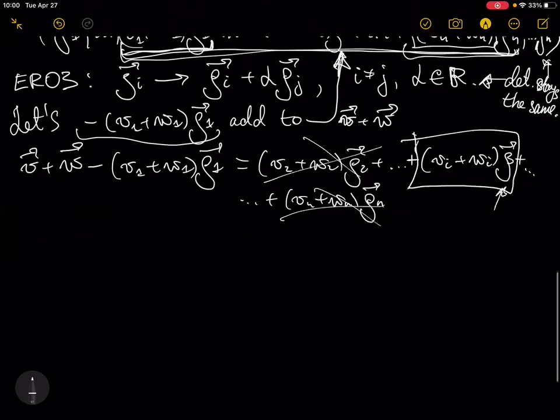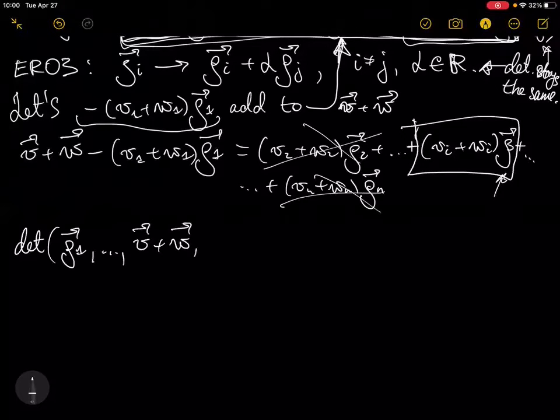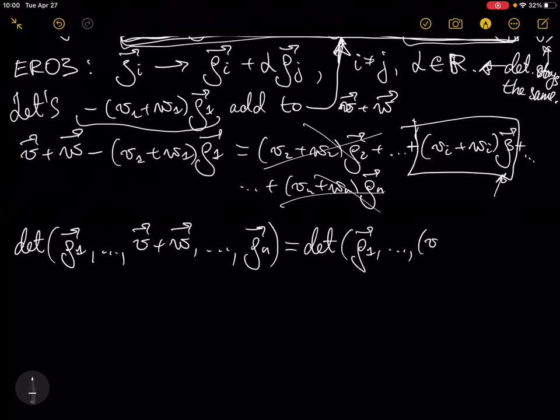So as a result, the determinant of row 1, V plus W, row n will be nothing else but, by the definition of the determinant, we can bring it to this form: Vi plus Wi, this beta, rho n, just this.